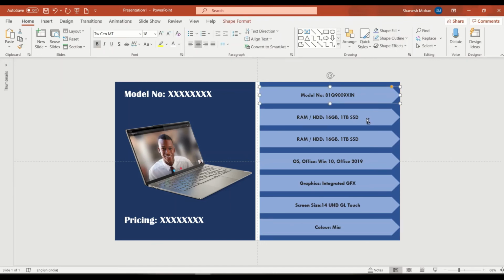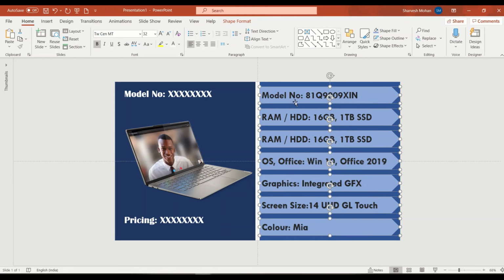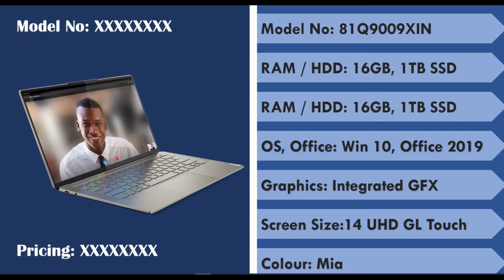Now we'll increase the size of the font, maybe to 32, and we'll make it center, or we can put a left alignment also. This is a left alignment. Now we have already finished our design portion.